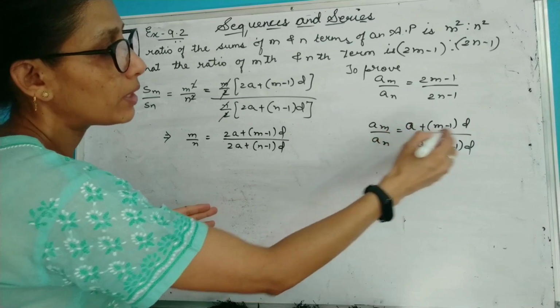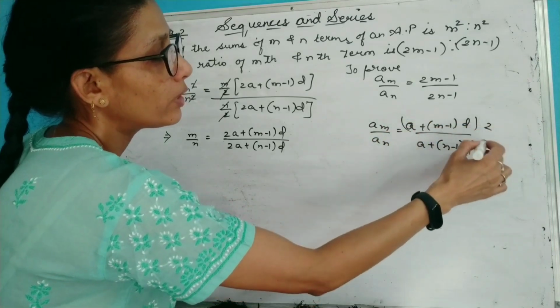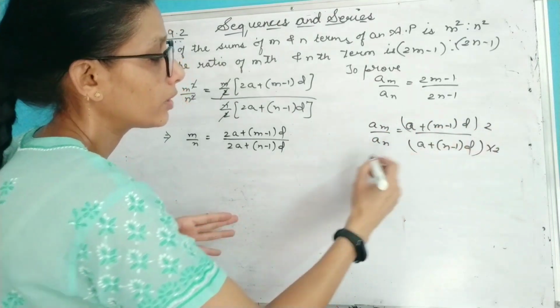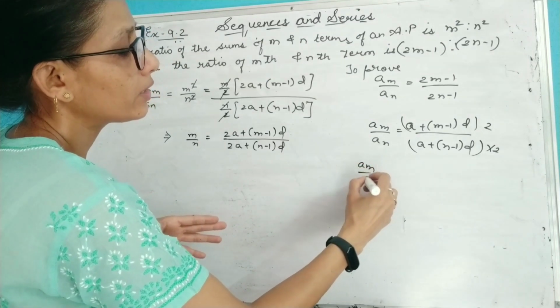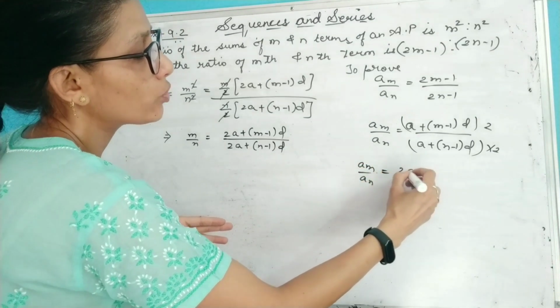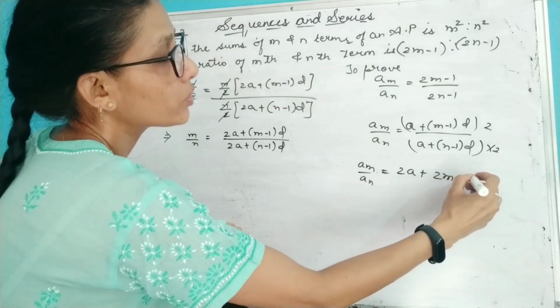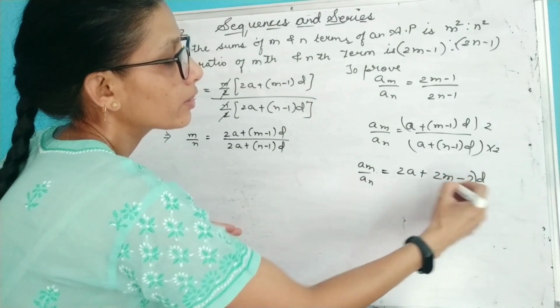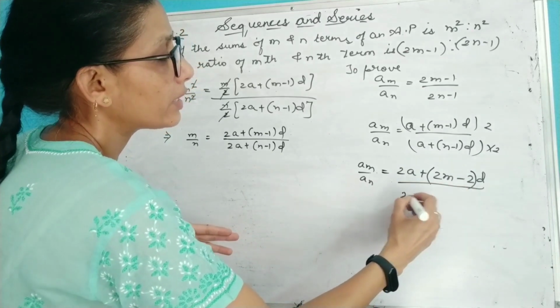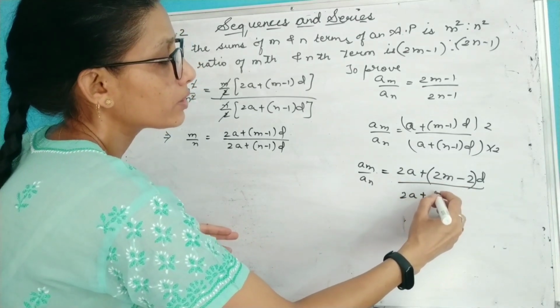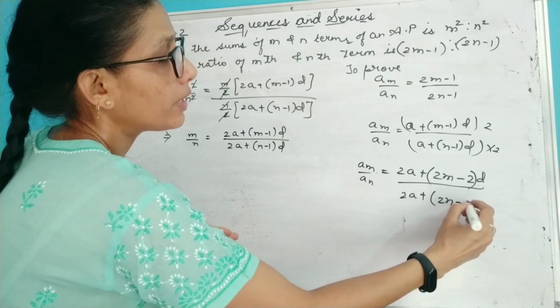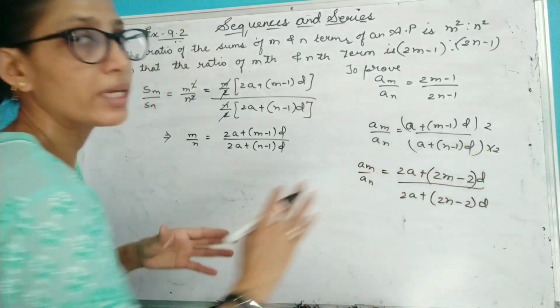So if I multiply this complete with 2 and then again I multiply this with 2, I'll be getting twice of a plus twice of m minus 2 into d, and here I'll be getting twice of a plus twice of n minus 2 into d. I have multiplied 2 inside.